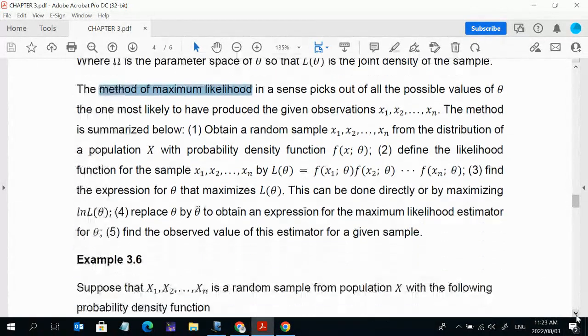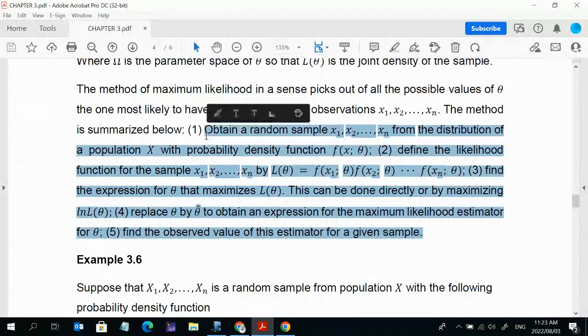We have 5 steps here. The first one says we have to get a sample, because we have a population following a certain probability distribution function. So we get a sample so that we can use it to estimate.